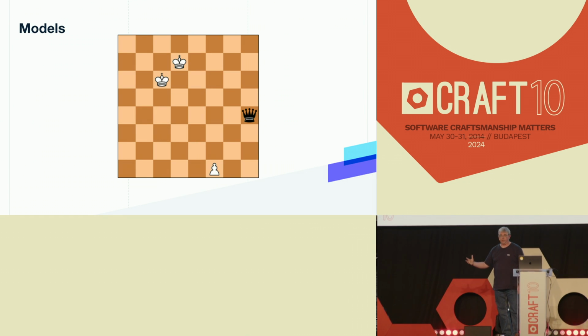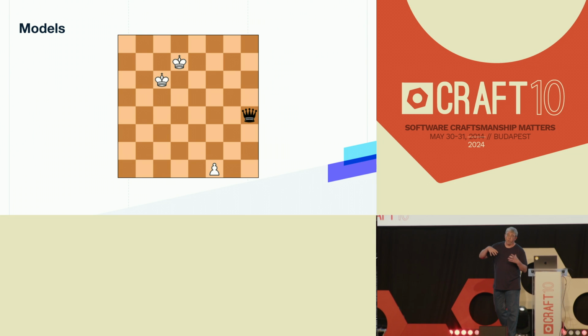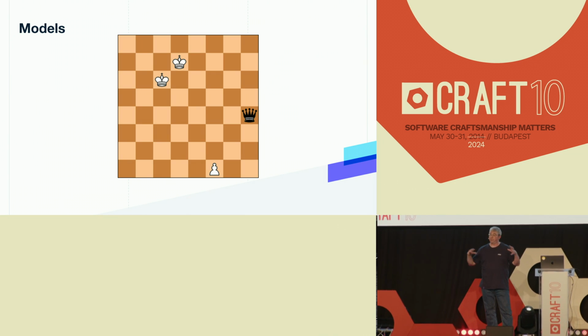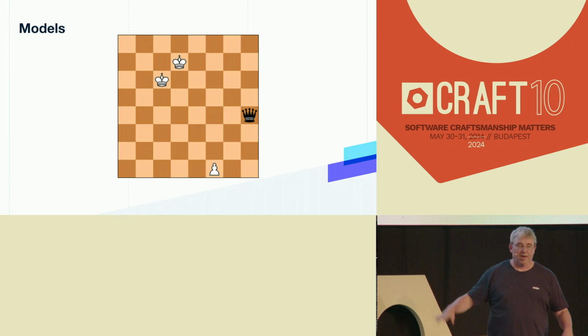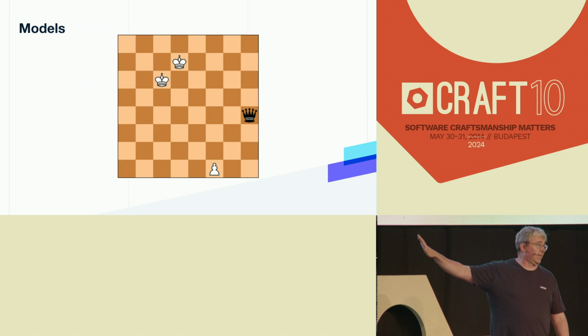And then there are models. Models are a way of putting constraints on the state of the system. So models talk about what states are possible or allowed. In this case, I have shown a state of a chessboard that you cannot actually get to during a legal game of chess. There are a number of problems here. White has too many kings.